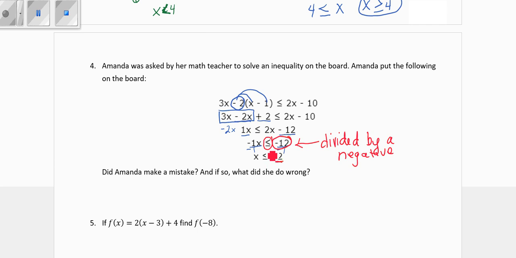So the inequality symbol is no longer less than or equal to, but it should be x is greater than or equal to 12. So Amanda should have flipped the inequality symbol.